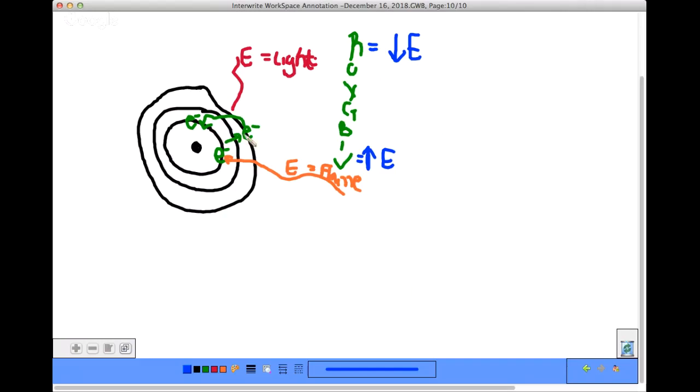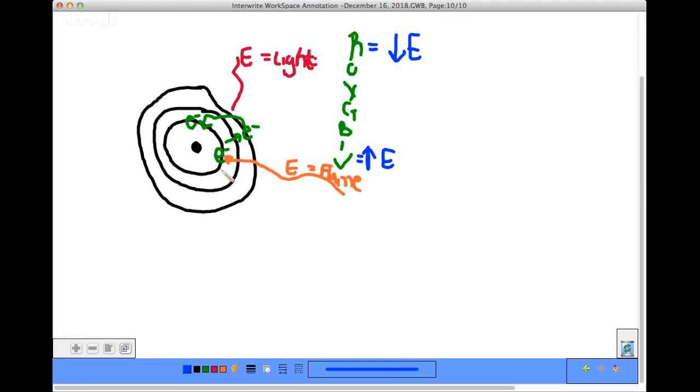So if this electron moved, say, not that far, it might only release a color like red. The further down it moves, the more energy it has to release, so the higher up that energy is going to be. So based off of what kind of light it emits, we can figure out how far that electron relaxed back down to what's called its ground state.